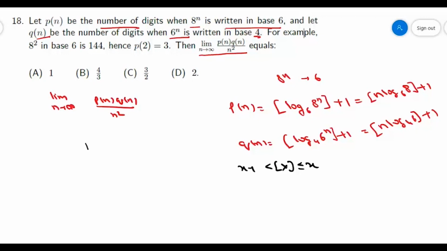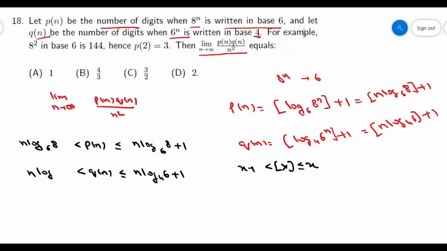So I can write Pn is less than or equal to n log 8 base 6 plus 1, and it is greater than n log 8 base 6. In the same way, we can write Qn. So Qn will be less than n log 6 base 4 plus 1, and here it will be greater than n log 6 base 4.